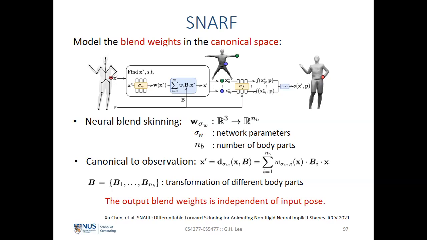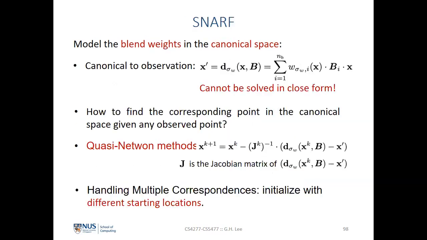So you need to solve for the root of this equation. Your X star here is your final canonical space pose, but W here is a function of X star, which is actually your output. So in the end, you need to solve for the roots of this equation over here. It cannot be solved in closed form now.